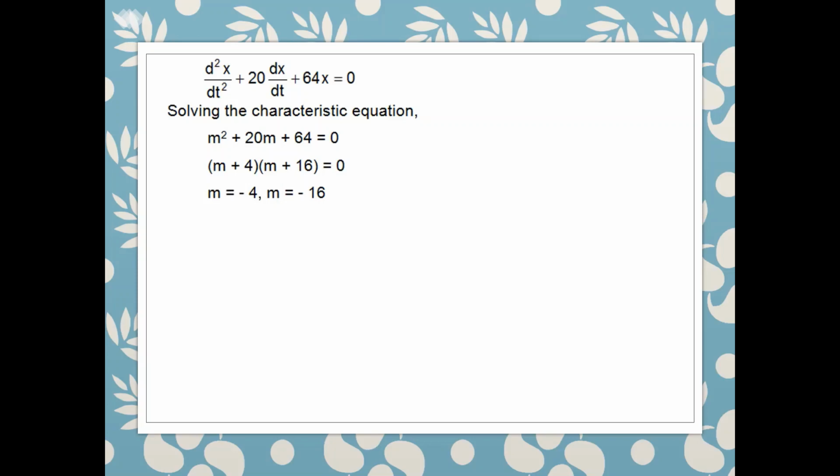Next, determine the characteristic equation, that is by replacing d²x/dt² with m², dx/dt with m, and x with m⁰. You will get m² + 20m + 64 = 0. Solving this quadratic equation, you will obtain the m values, which are -4 and -16.